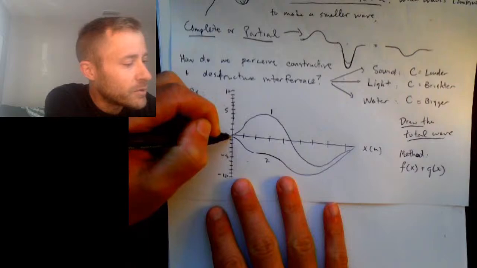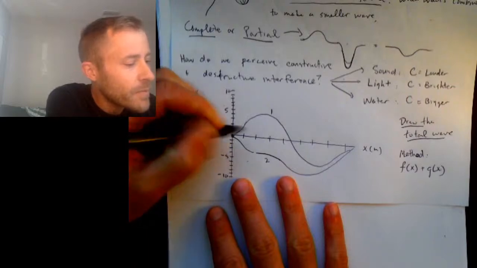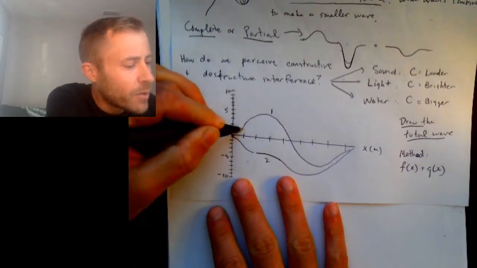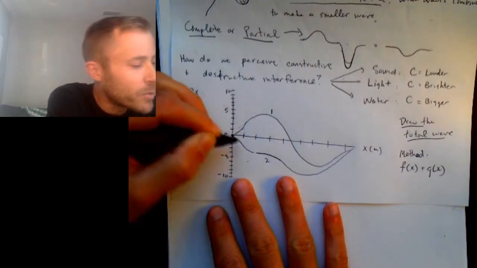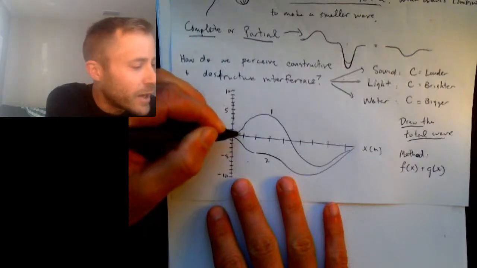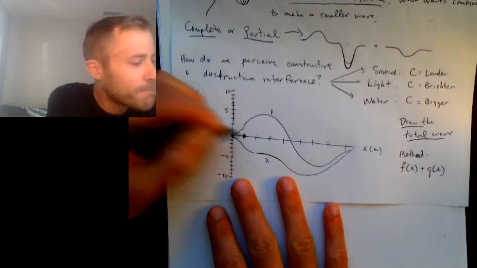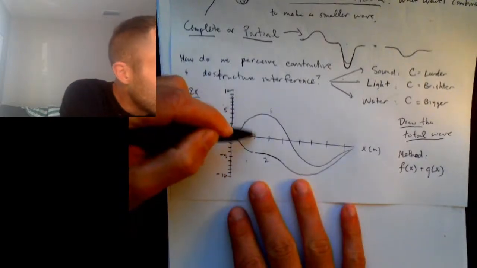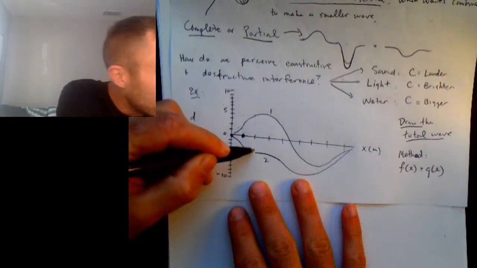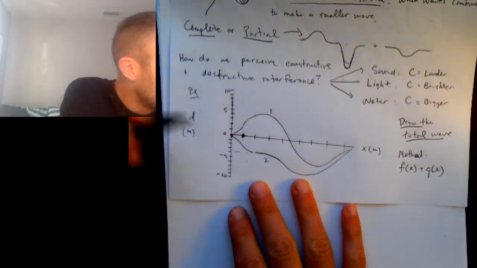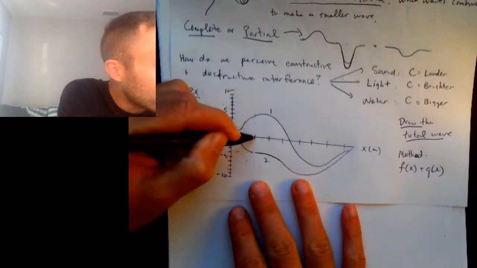0 plus 0 is 0. At this value, wave 1 has maybe a value of plus 1.5. Wave 2 is minus 1.5. So they add together to make 0. Here, wave 1 has a value of about 4. Wave 2 has a value of about minus 4. So those combine to make 0.